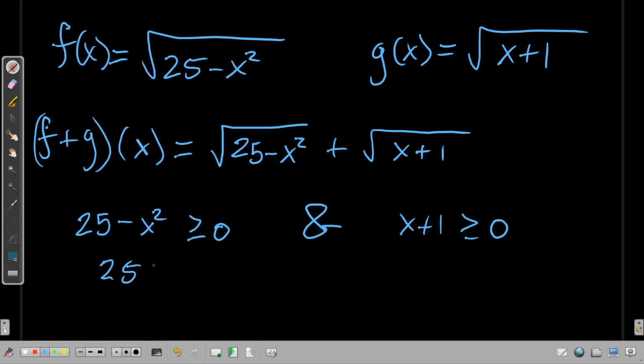So 25 would be greater than or equal to x squared, and taking square roots on both sides, I would have that 5 is greater than or equal to the absolute value of x. And that just has to do with the definition of the absolute value, which I guess I need to tell you about now.